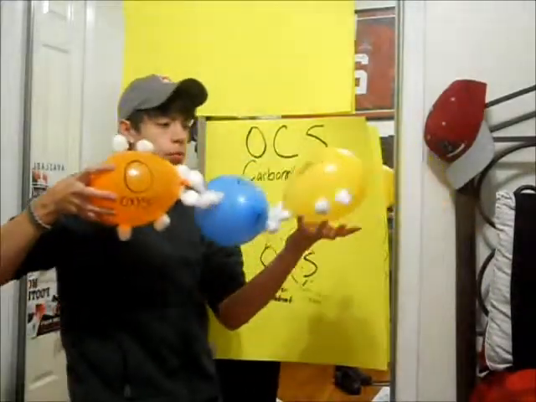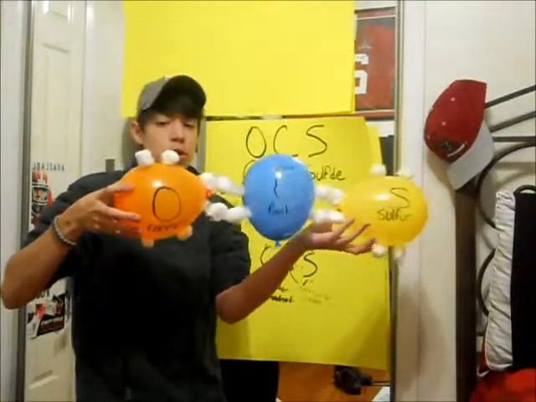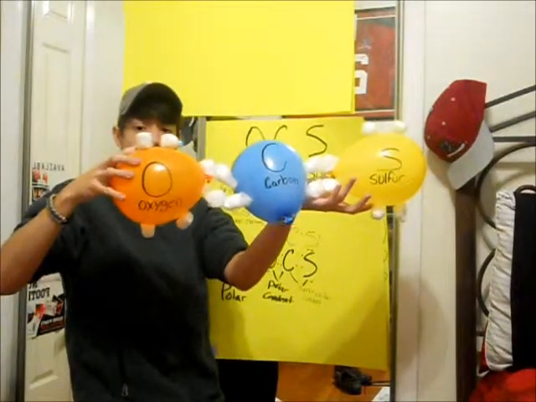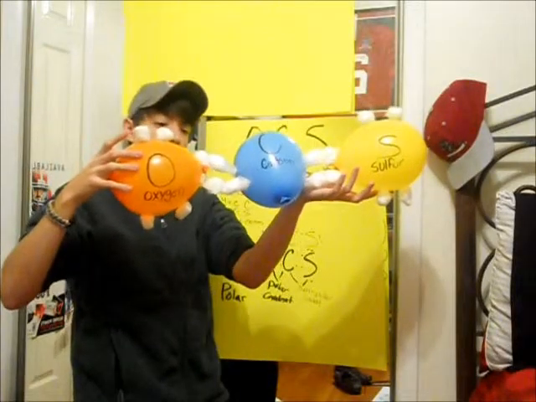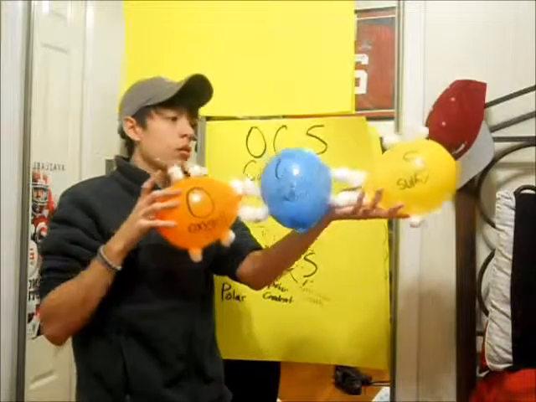Your carbon is your blue, yellow sulfur, orange is oxygen once again. You have your valence electrons as the cotton balls. You got your 2 up top for carbon, 2 on bottom for carbon, 2 in one bond, 2 in the other bond. So 2, 4, 6, 8, oxygen's fulfilled.